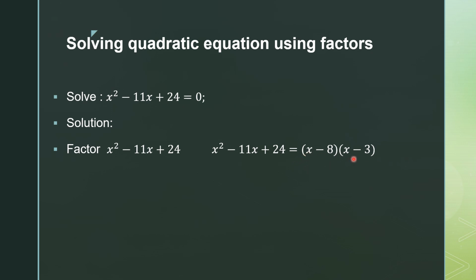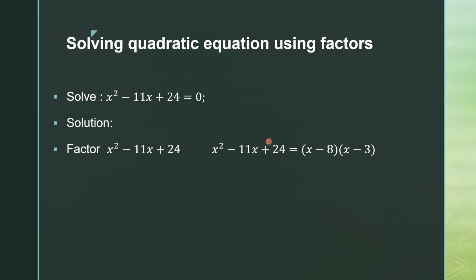We write here x and x, and then we look for two numbers. Their multiplication is 24, and their addition is 11. So the two numbers are 8 and 3. So we write 8 and 3.